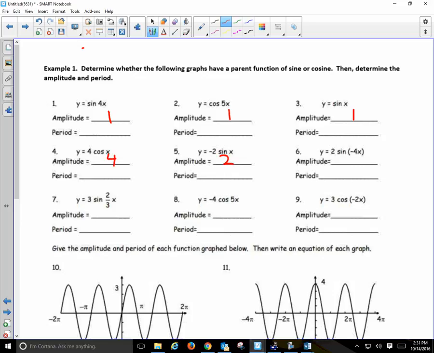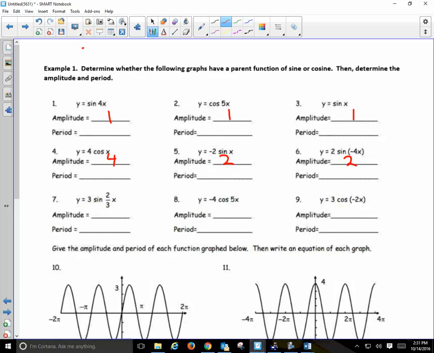The amplitude will always be positive because it's the absolute value. 6. Okay, we'll do 7, 8, and 9 in a second. But that's all you have to do to identify the amplitude. Not too tough, huh? Amplitude is very straightforward. Desiree and Ricky, I have notes for you guys right here.